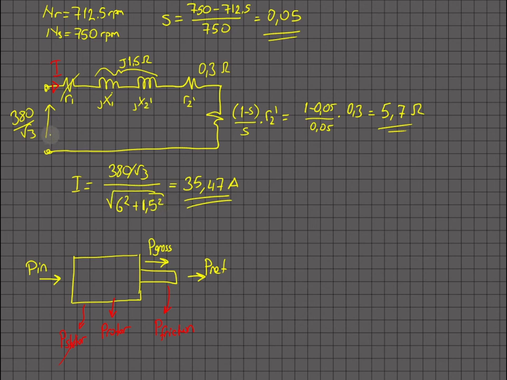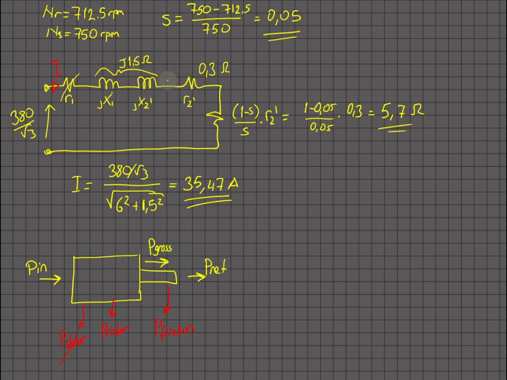In order to find the input power, you cannot multiply that value with that value and write it as a power, because there is a power factor, and this is just the RMS magnitude of the current, so we don't know the power factor. Yes, you can calculate it, but in this question, you don't have to.